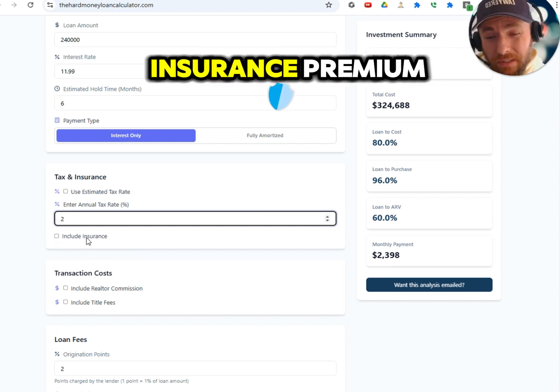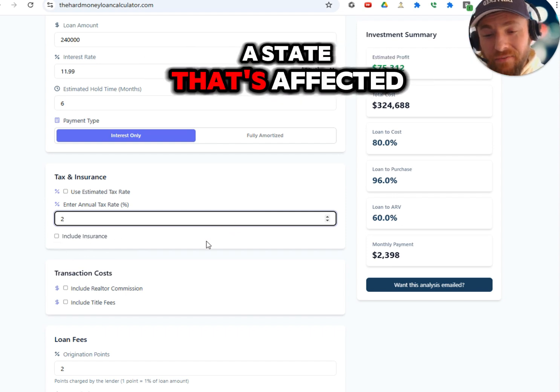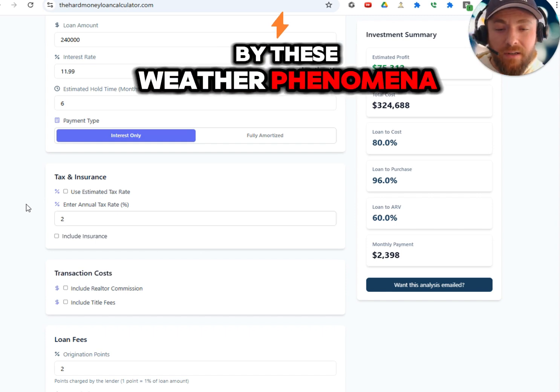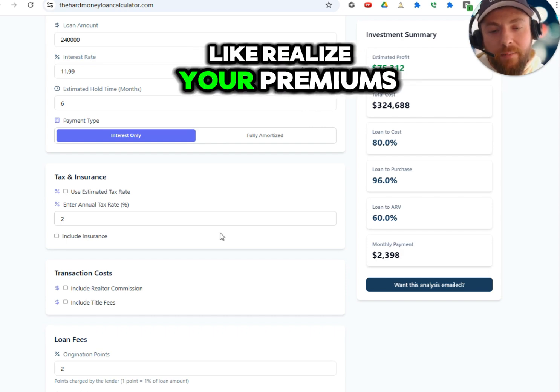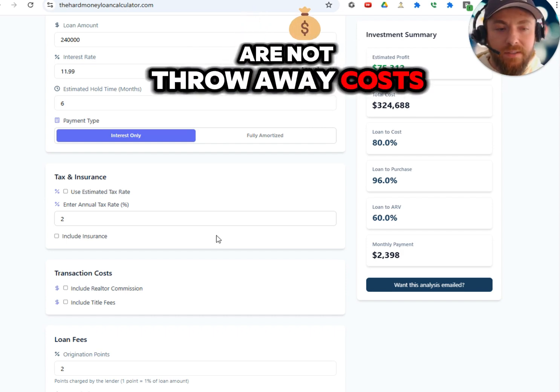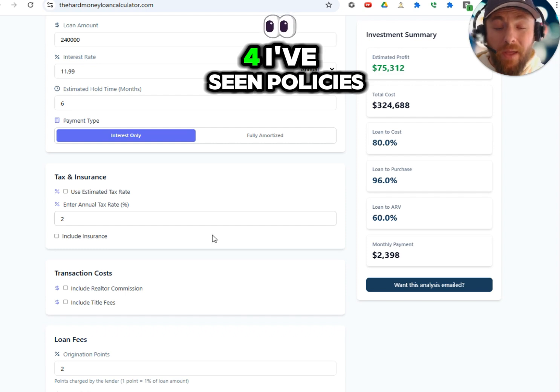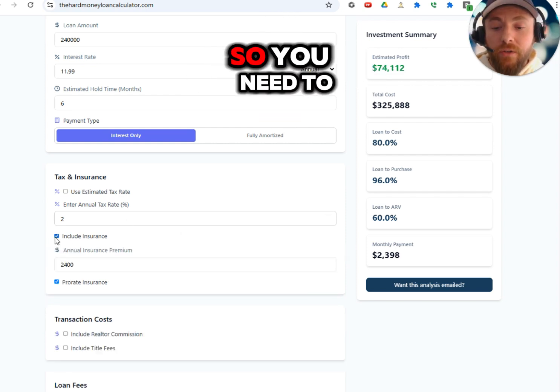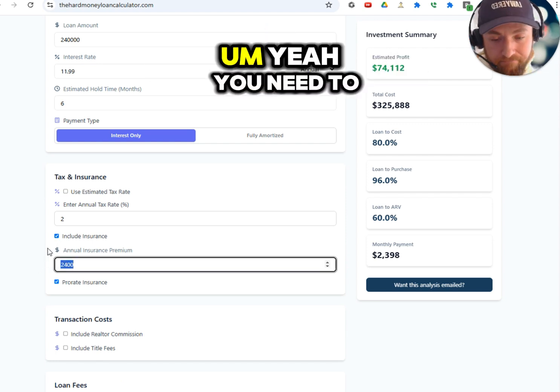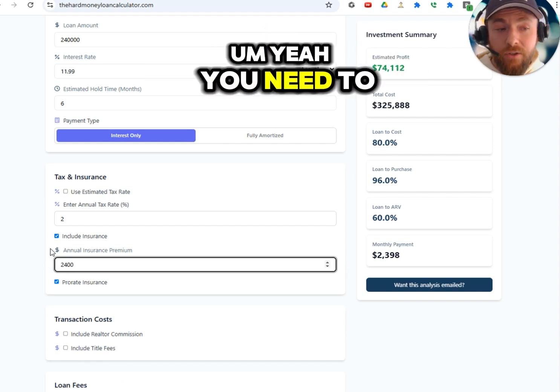Another thing is insurance premiums. So if you're in a state that's affected by these weather phenomena and these kind of hurricanes and things like that, realize your premiums are not throwaway costs. They are in the order of $3,000, $4,000. I've seen policies for fix and flips as high as $10,000. So you need to include insurance.